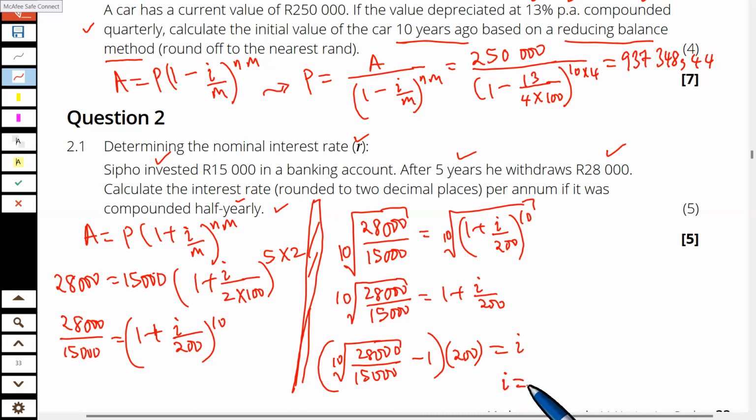So i becomes 12.88. Oh, okay, you're saying it did not multiply by 200. Okay, I get your point. The answer is exactly that one, which is 12.88 percent. I prefer that because the formulas themselves can potentially be confusing, so you can just use the nominal rate.